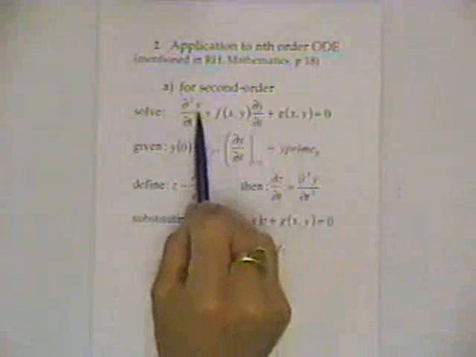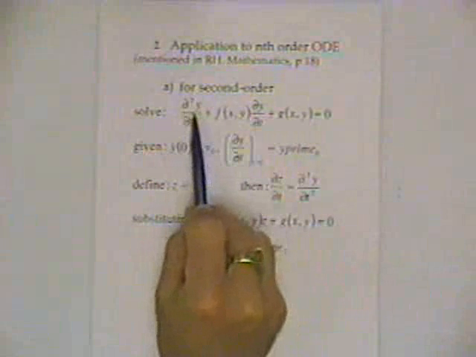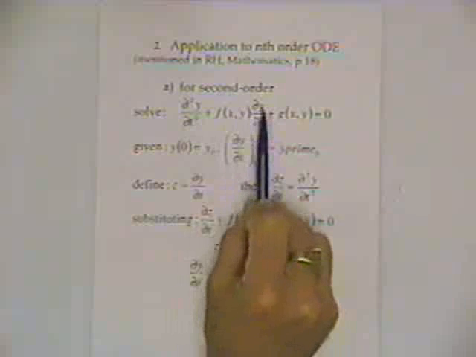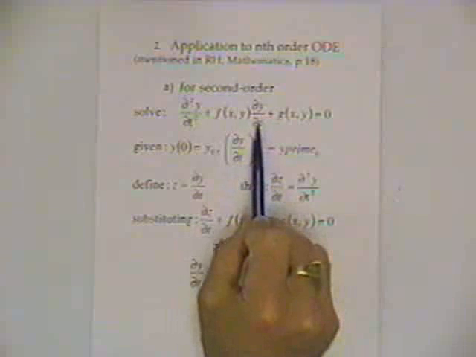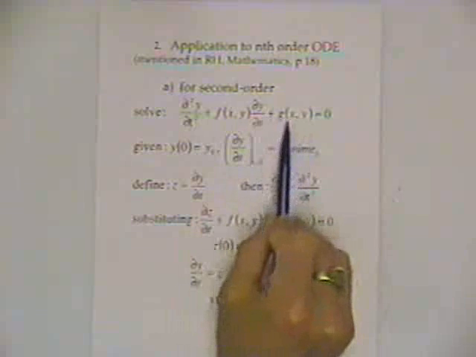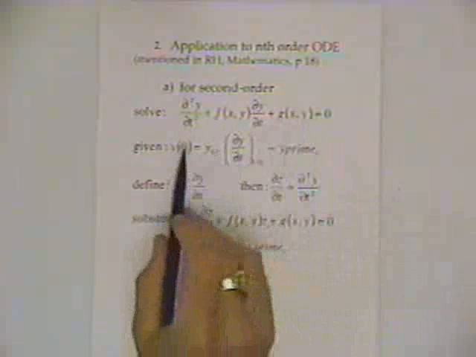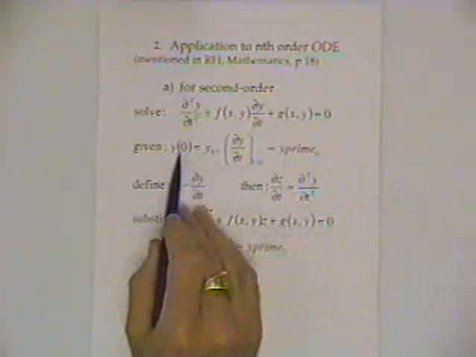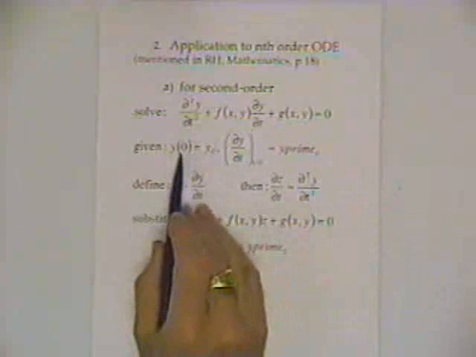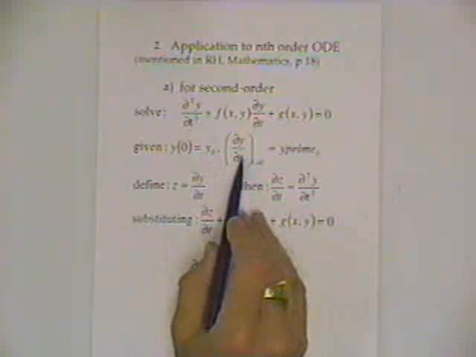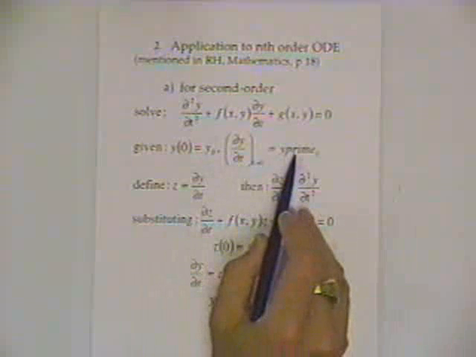In general, a second order ordinary differential equation has a second derivative of y with respect to t squared, perhaps some function of x and y times the first derivative of y with respect to t, plus some other function of x and y, and possibly t actually. Right. Given in the problem then, you need to be given the value of y at some initial point and the value of the derivative at some initial point.